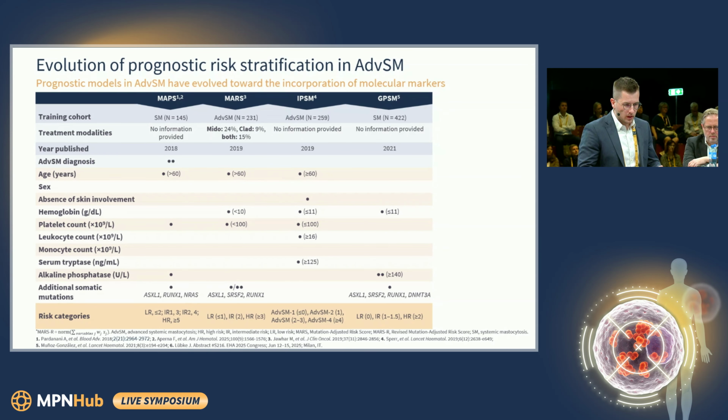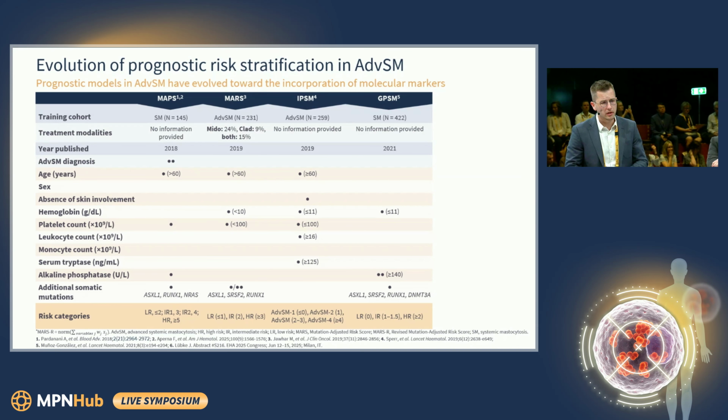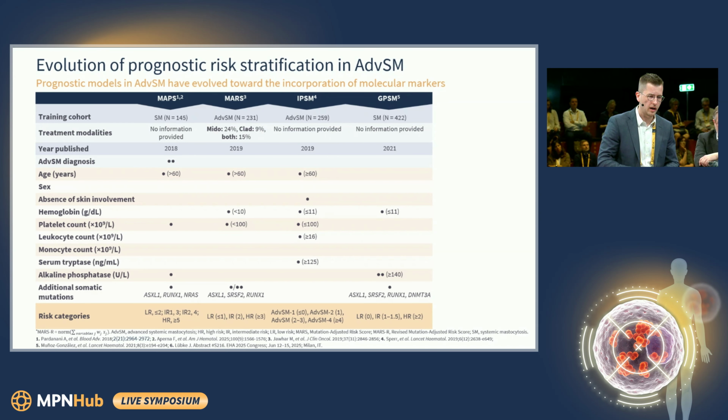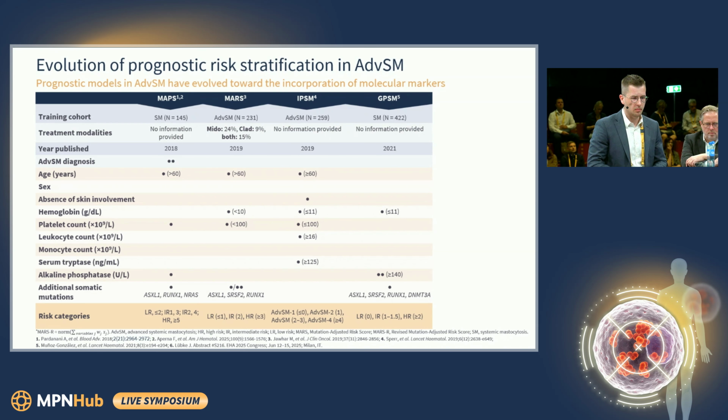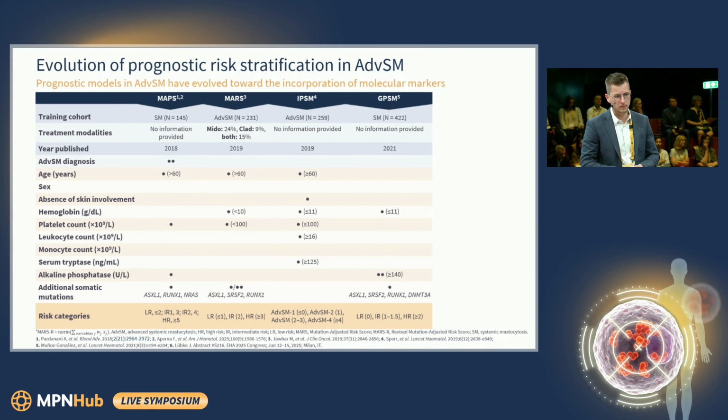However, these 2 scores, but also all 4 scores, do not really capture the current treatment landscape, and all of the parameters included in these scores are based on categorical variables and put the patient into different risk categories.